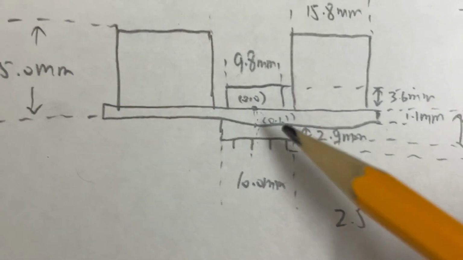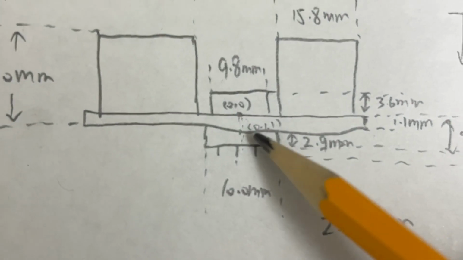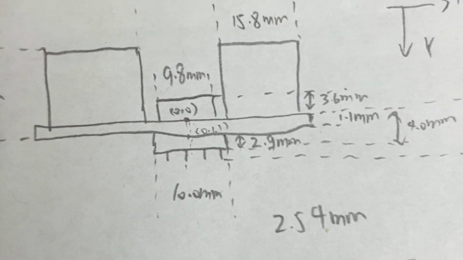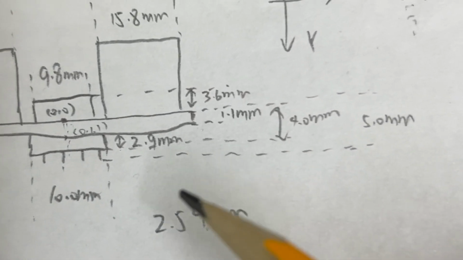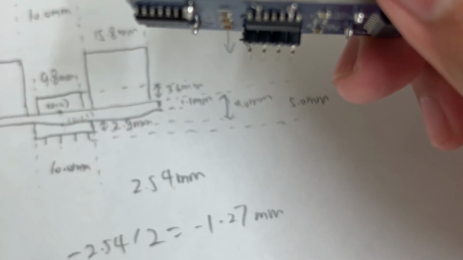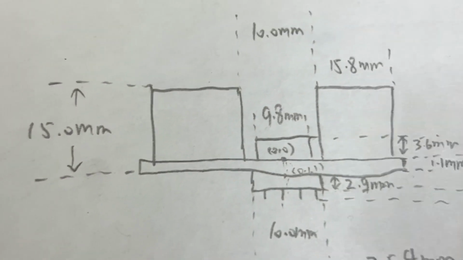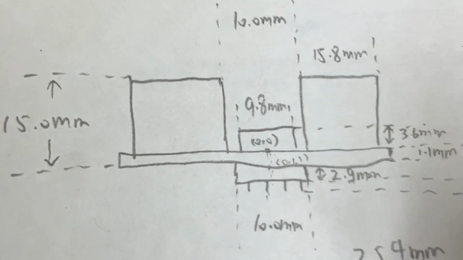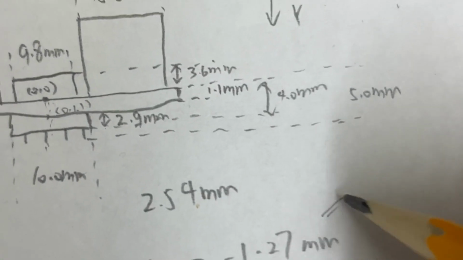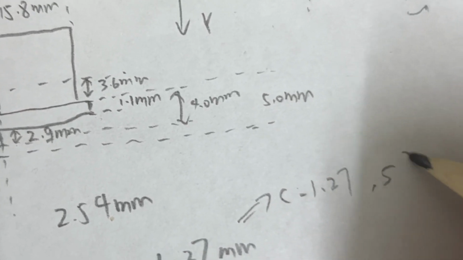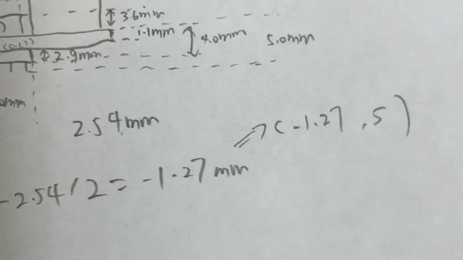Here is 1.1, and this black thing for those pins has a thickness of 2.9 millimeters, and these pins also extrude out another 1 millimeter. So I would know that the coordinate of this second left pin should be negative 1.27 and 5. Okay, so that's how it comes up.